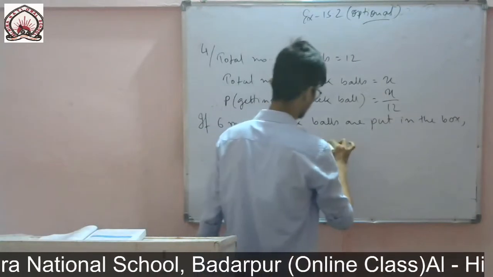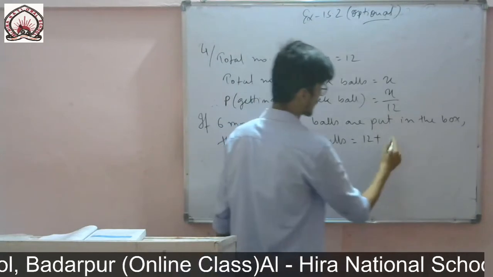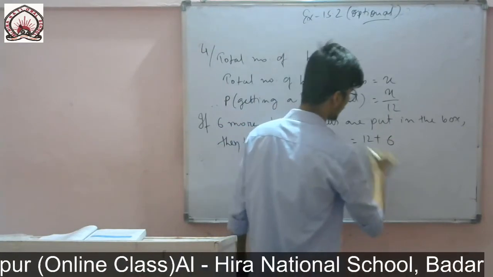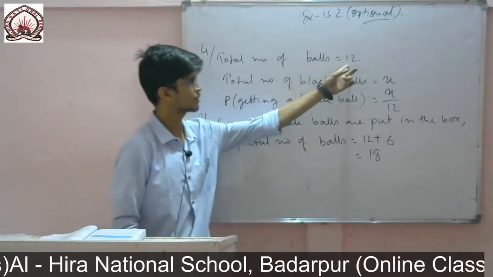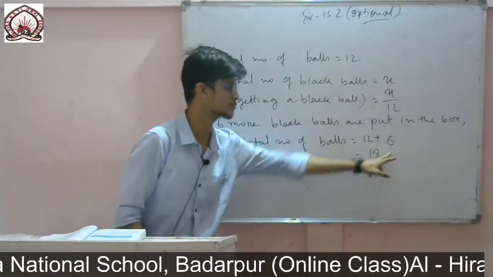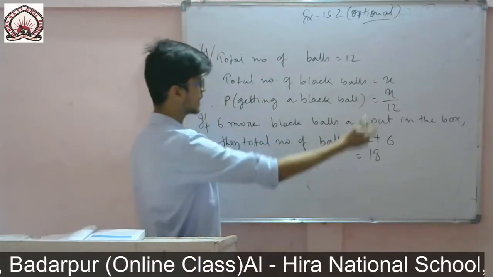balls will be equal to, earlier it was 12, now I have added 6, so it will be 18. Earlier there were 12 balls, now I have added 6 more, so it will be 18. And black balls will also increase.